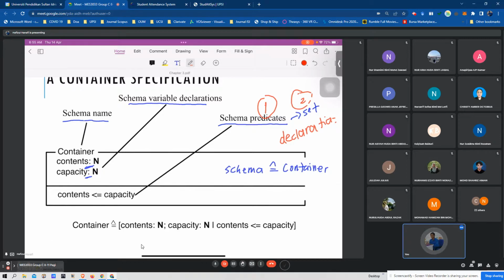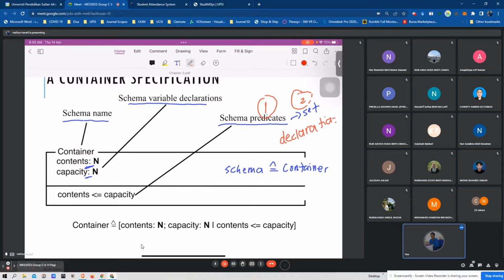For the schema name, naming schema, we may give names to schema and use this name to refer to the corresponding pattern of declaration and also for the constraint. The name must be an integral schema name which is equivalent to container.